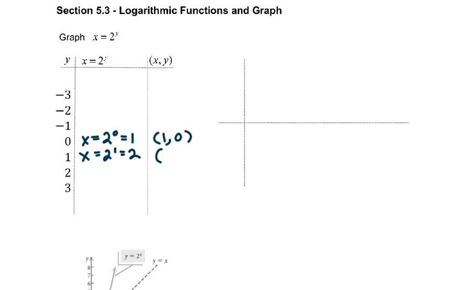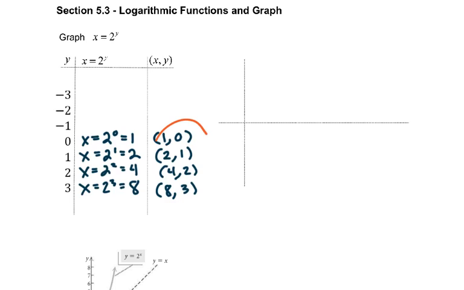We get 2. We have an ordered pair (2, 1). And then we get (4, 2) and (8, 3). If you remember the points that we got when we graphed our exponential function, you'll see that these are all the exact same points, but the x and y are switched, so they're the inverse ordered pairs.